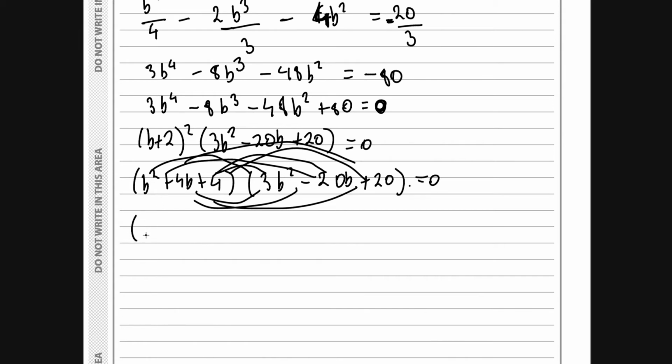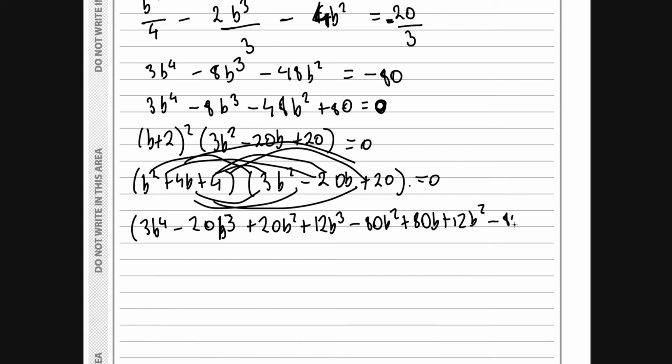So doing that, you get 3b to the 4 minus 20b cubed plus 20b squared plus 12b cubed minus 80b squared plus 80b plus 12b squared minus 80b plus 80. So as you can see, it does indeed get quite messy.